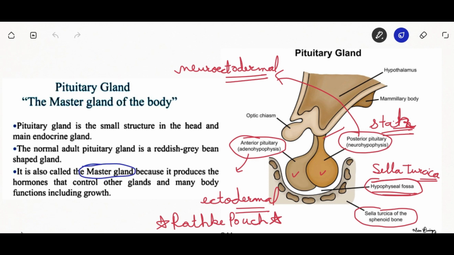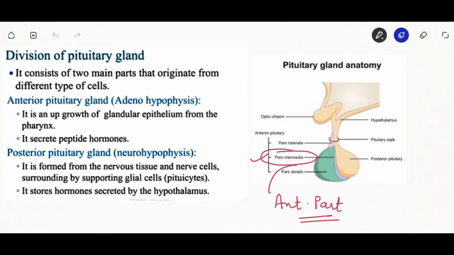Coming to the anterior pituitary, it is the master gland as it regulates many other endocrine glands through its hormones. The anterior pituitary is composed of three parts: pars distalis, pars tuberalis, and pars intermedia. There are two types of cells that have different staining properties.